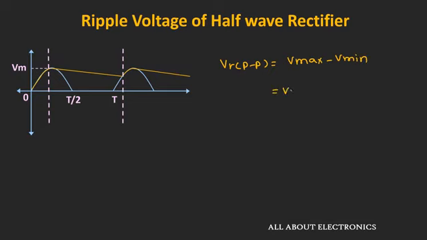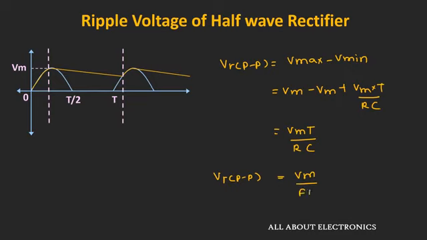That is equal to Vm minus Vm times (1 minus T divided by RC), that is equal to Vm times T divided by RC, or we can say that this peak to peak ripple is equal to Vm divided by f times RC. So this will be the peak to peak ripple voltage for the half wave rectifier.